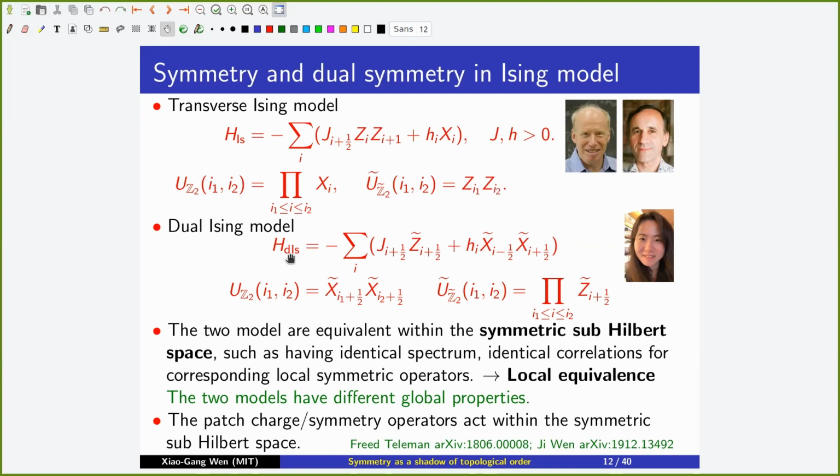But in the dual Ising model, the dual symmetry is a product of Z. Then the original symmetry is just two operators on the string end with empty bulk. Using this patch operator, we can express the two symmetries explicitly even within the same model.